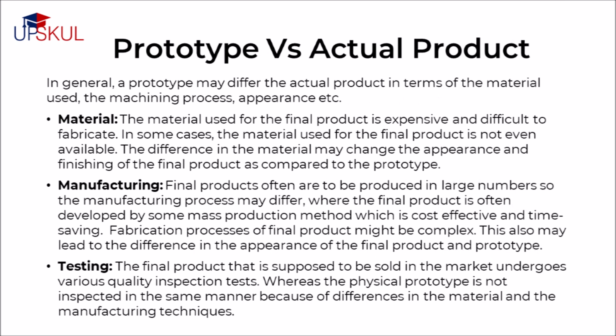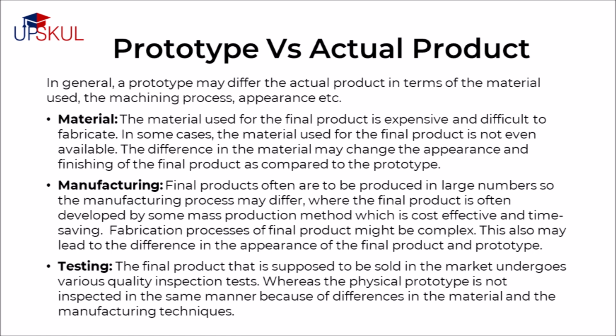Although the engineers and developers try their best to minimize the differences between prototype and the actual product, in general, a prototype may differ from the actual product in terms of the material used, the machining process, appearance, etc. The material used for the final product is expensive and difficult to fabricate.